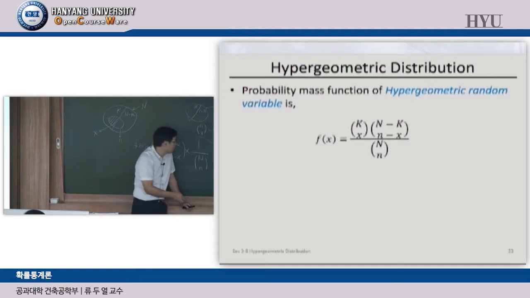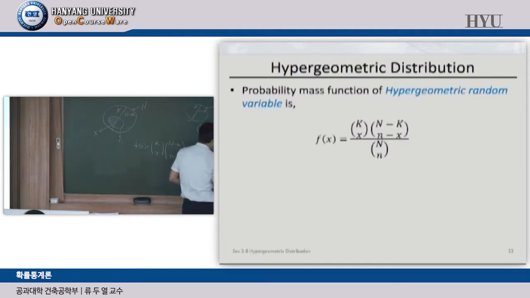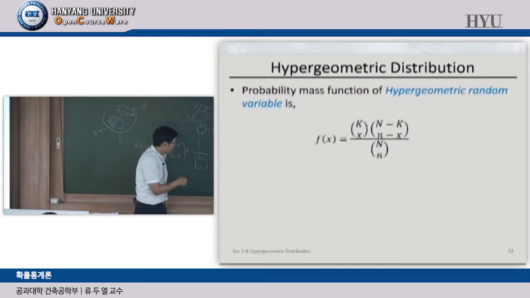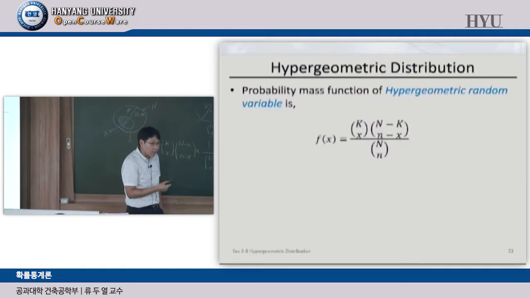Why? Because this is the number of outcomes that result in x errors in n samples, and this is the number of outcomes that result in n minus x non-errors in n minus x cases.